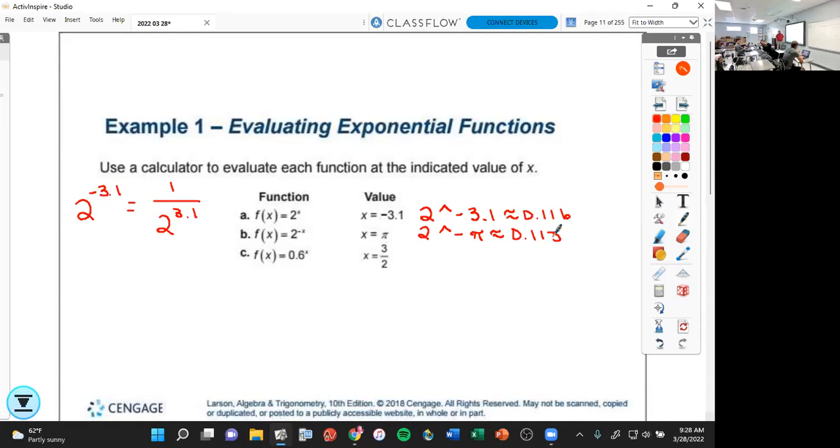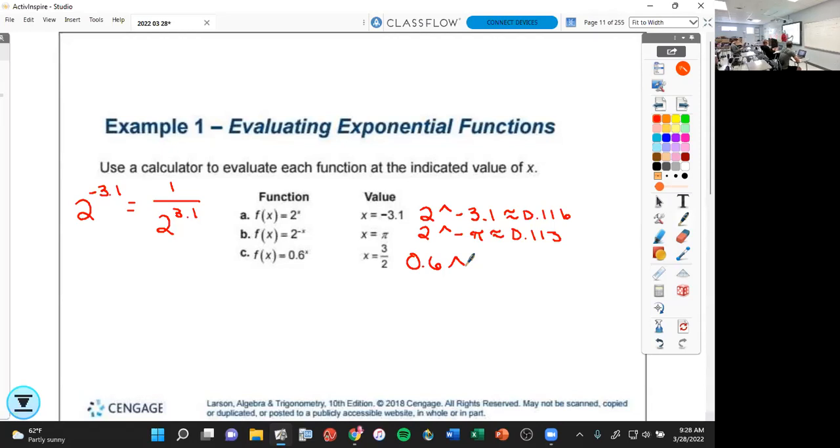F of x equals 0.6 to the x power, but x is 3/2. You type 0.6 caret. You can do the fraction. Okay. Be careful here.